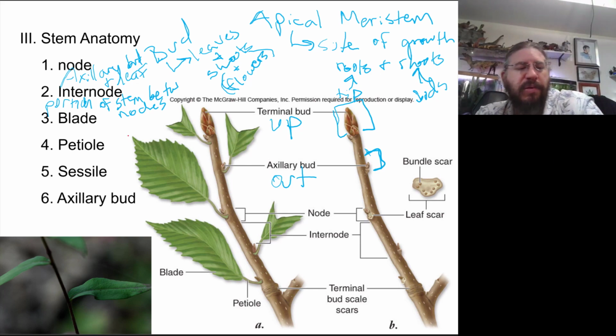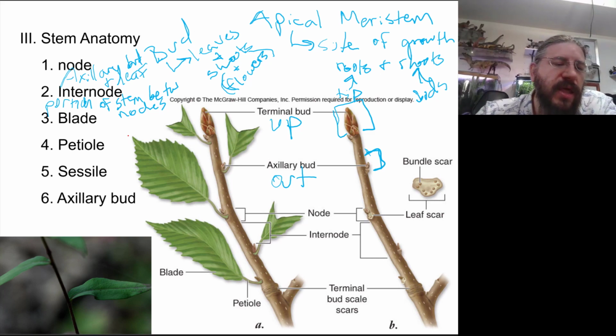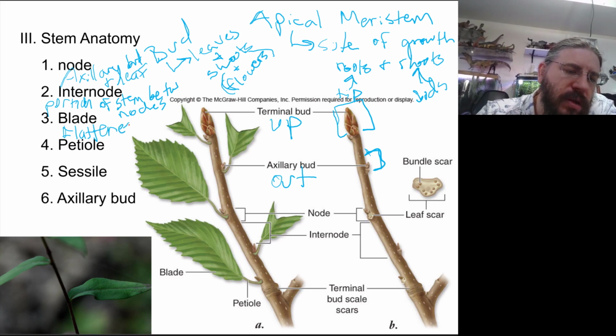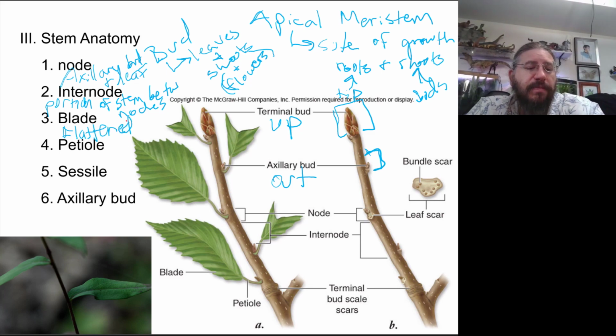Then we have some leaf anatomy. The flattened portion of a leaf is called the blade. So that big flattened photosynthetic portion. If you're wondering why we're suddenly talking about leaf anatomy, remember when we talked about microphylls and megaphylls, a leaf is just a modified portion of stem specialized for photosynthesis.